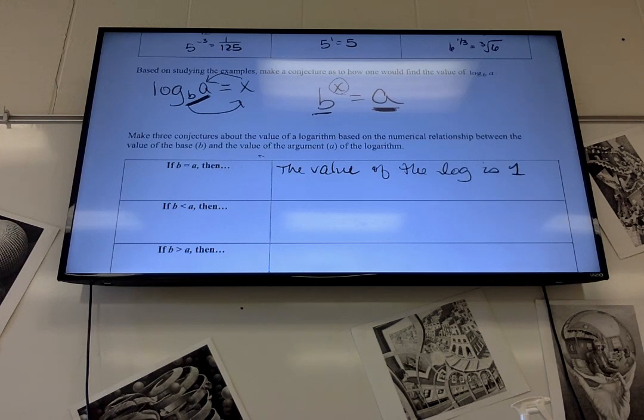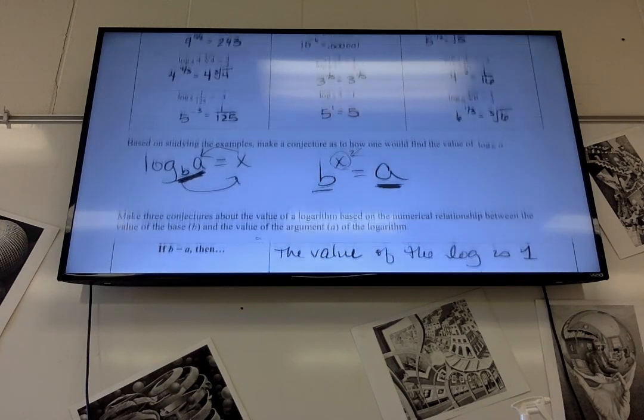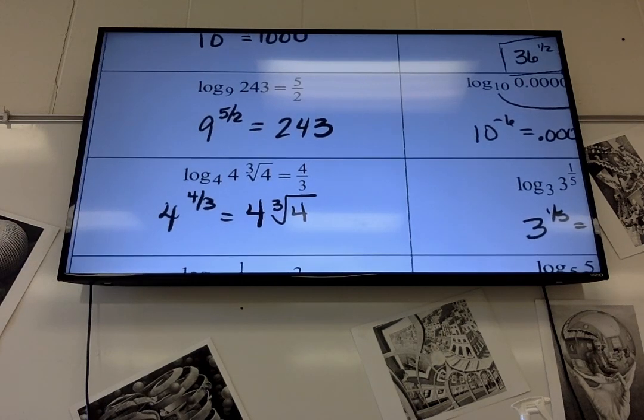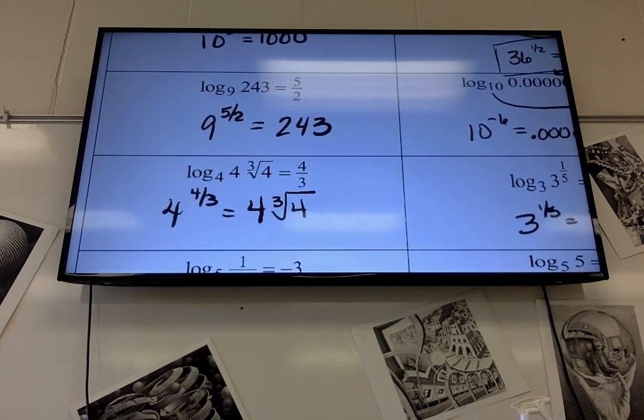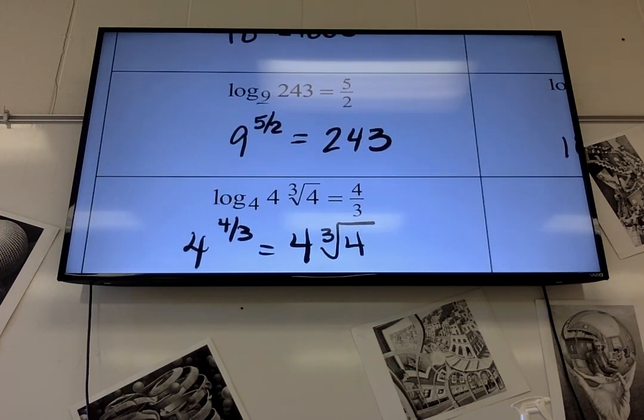If B is less than A, so looking at these two, we want to see what we can figure out about X. So B is less than A. X is what? Not necessarily. This is an example of one. B is less than A. It's positive, that's true.